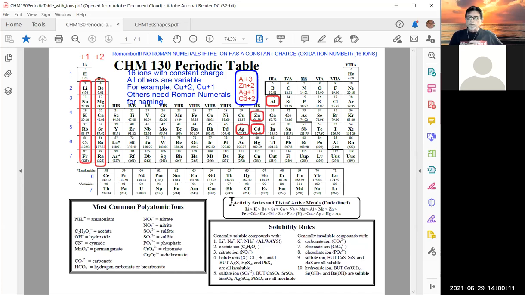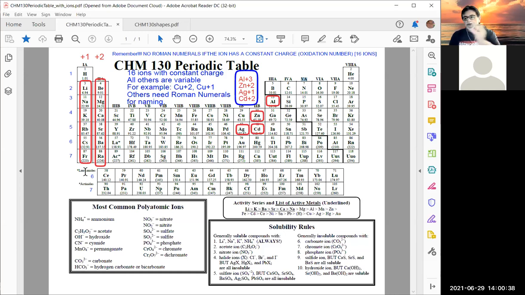That means that all of them will have a +1 charge when they become ionic. So you have 1, 2, 3, 4, 5, 6 elements right now that 100% of the time are charged +1, from lithium on down.